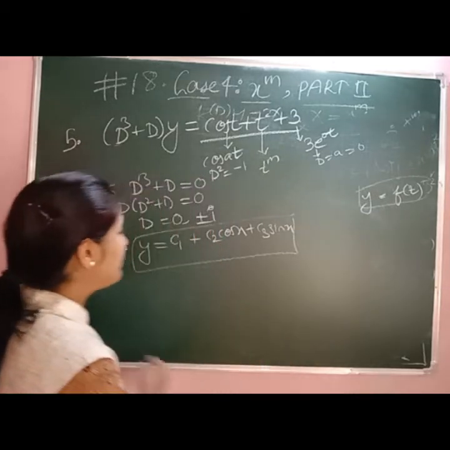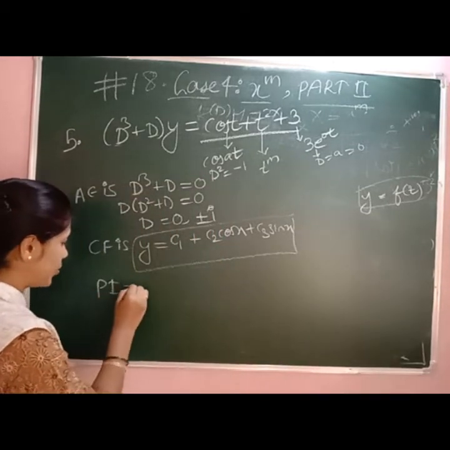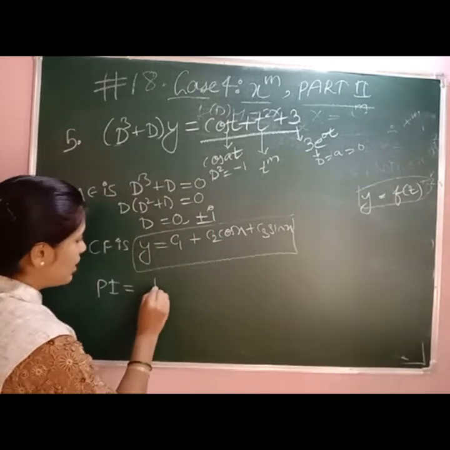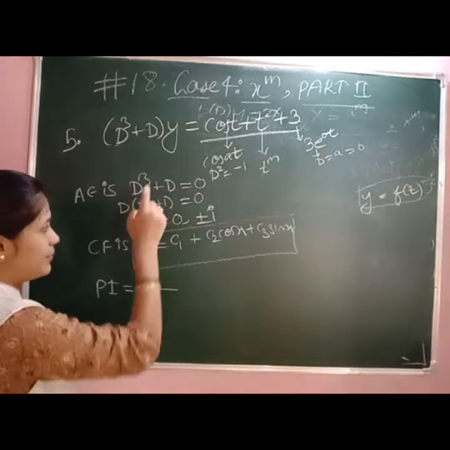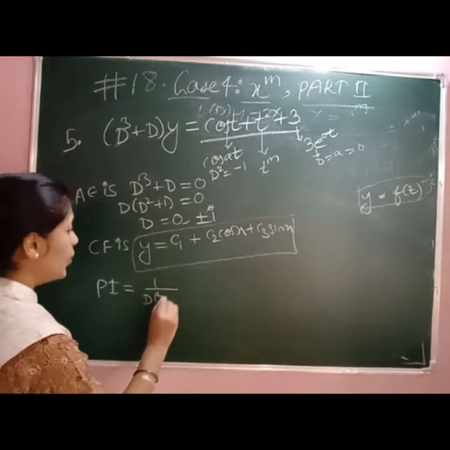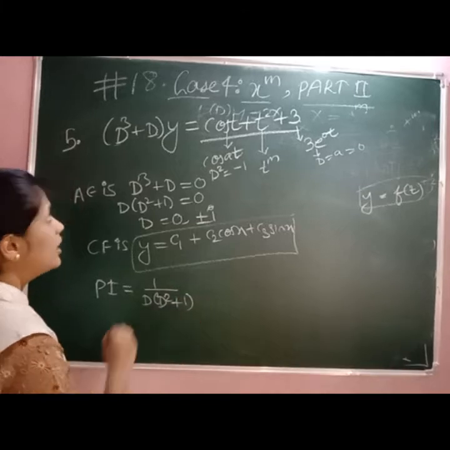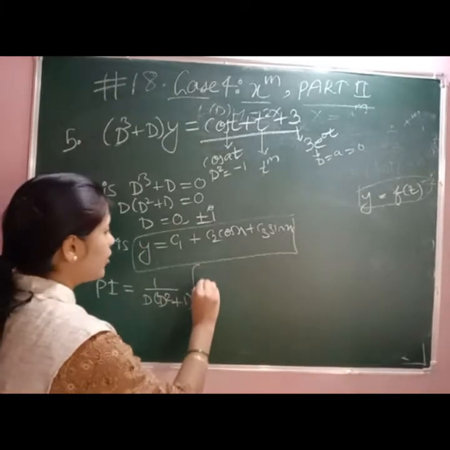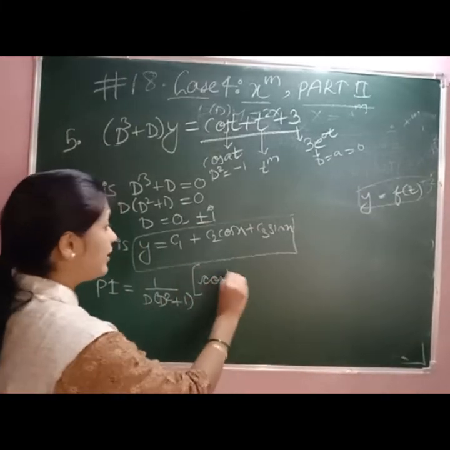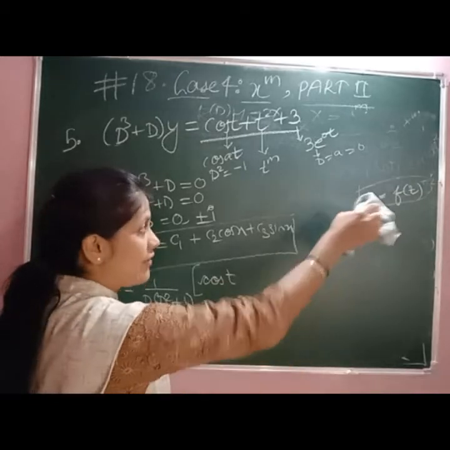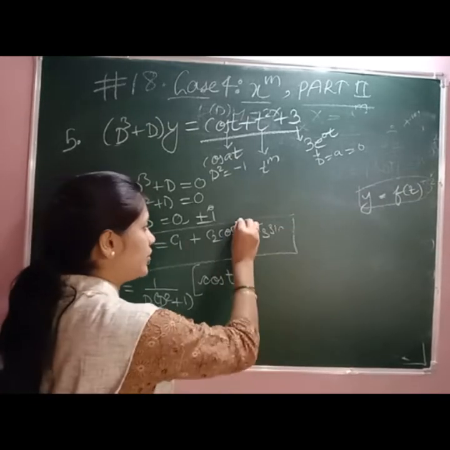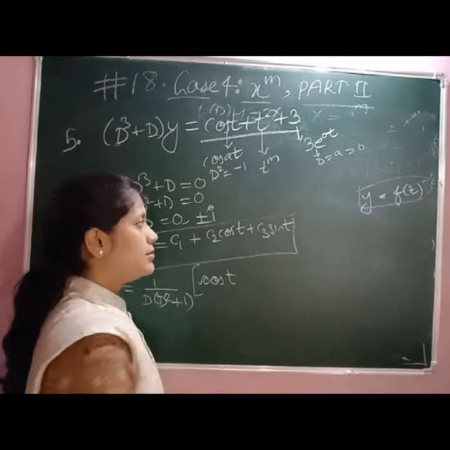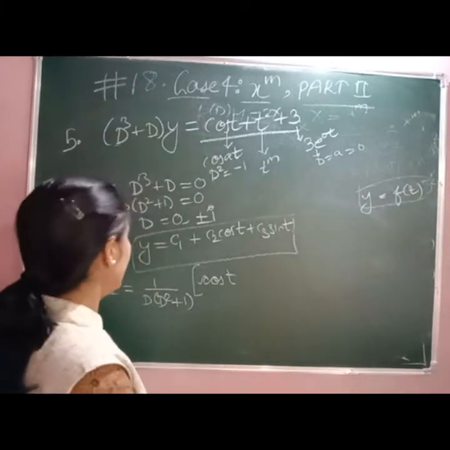So let us solve PI now. PI equals 1 upon D, F of D, shall I write it like this? Both are the same. So D into D square plus 1 of cos t. Yes, one more thing: we have to write as a function of t. So here c1, c2 cos t, c3 sin t.